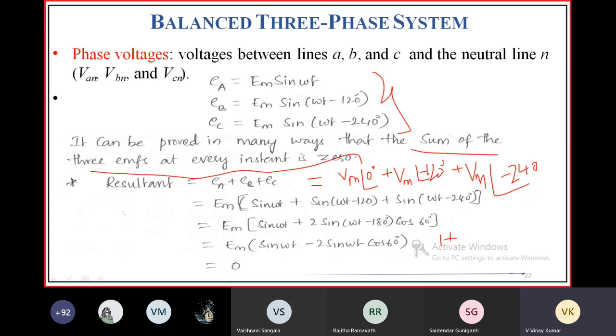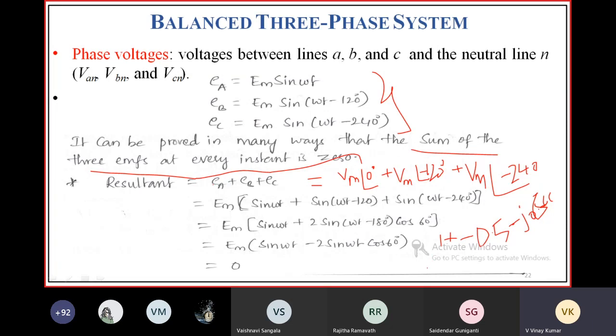Coming to this, VM at an angle minus 120 degrees means what will this be? What is 1 at an angle minus 120 degrees? That is minus 0.5 minus j 0.866. Then 1 at an angle minus 240 degrees, what is that?